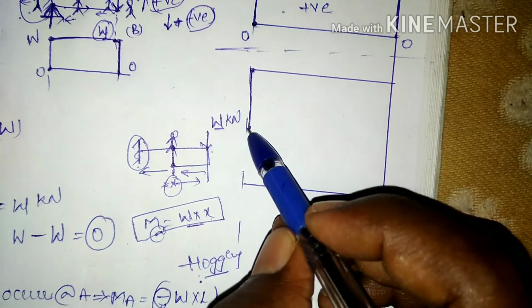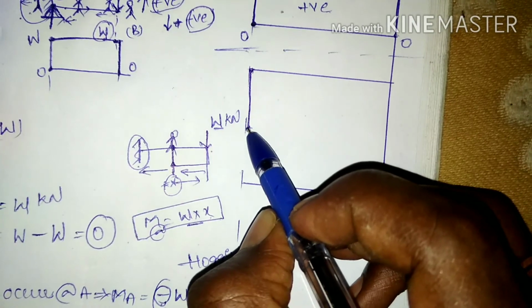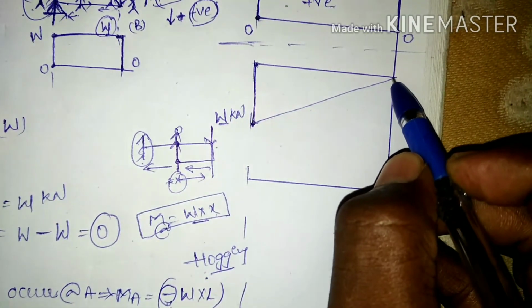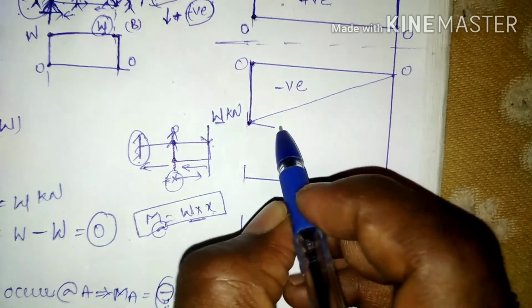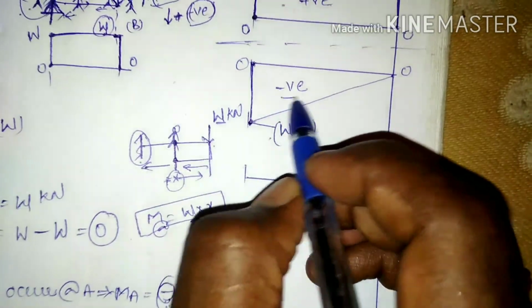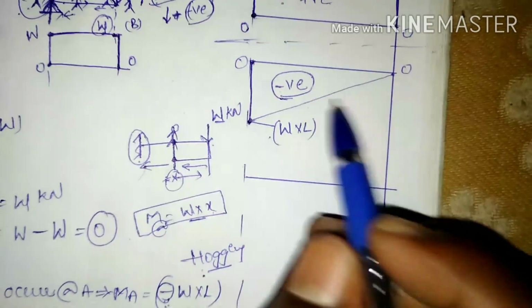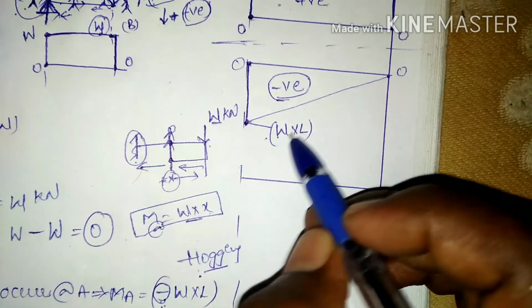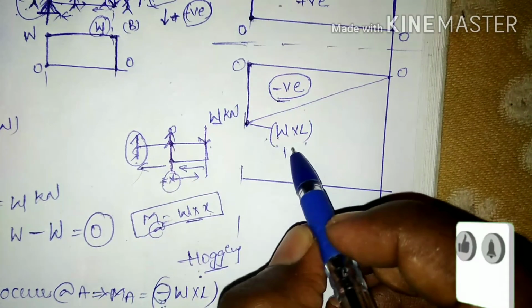Since there is no load, it is going to be a linear inclined line from 0 in the negative direction, and this point is W into L. We should not mention the negative here, because we already represented it in the negative quadrant, so only mention the value where it goes downward, W into L, in kilonewton meter.